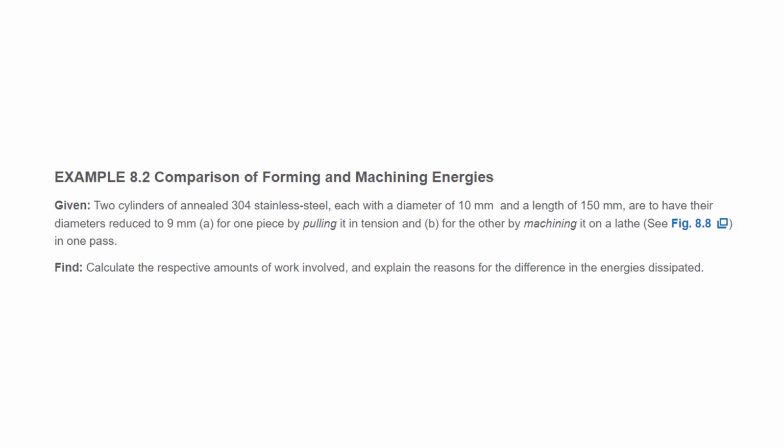And for this stainless steel, the specific energy for stainless steel is around 3.0 to 5.2 watts multiplied by seconds divided by cubic millimeter. So this is typical for machining of stainless steel.